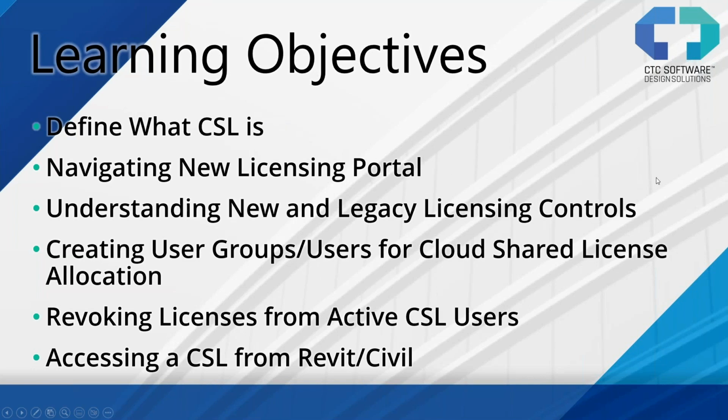We'll navigate the portal, direct you to the licensing tab, show you how to identify what's a cloud shared license versus a traditional network or standalone license, how to set it up, create users, create your groups, and allocate those licenses to users or groups. We'll also cover how to take them away from everyone if need be, or free up licenses for an emergency use case, and then how to access it from the applications themselves.